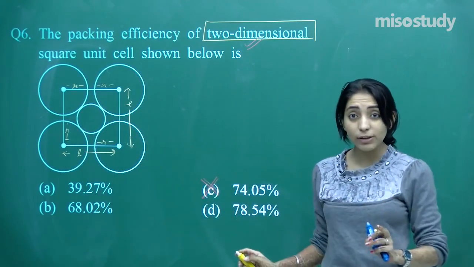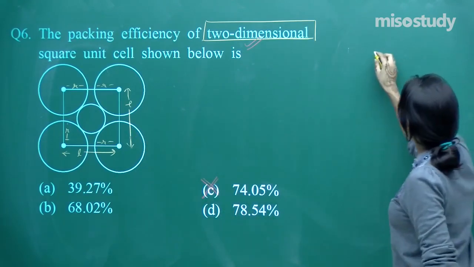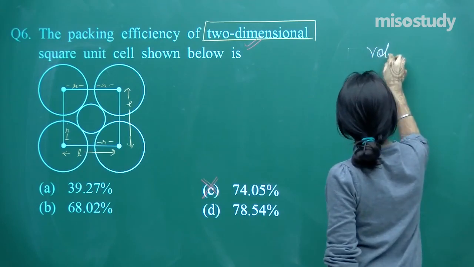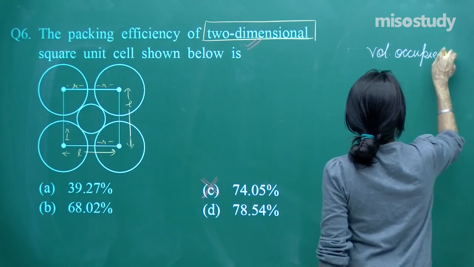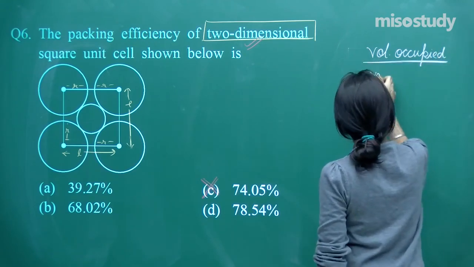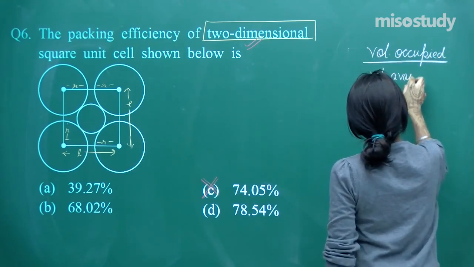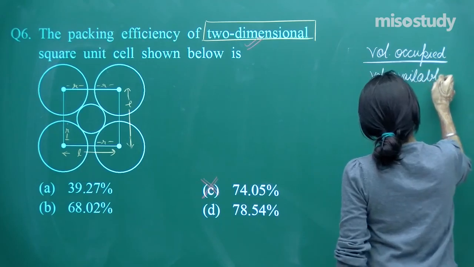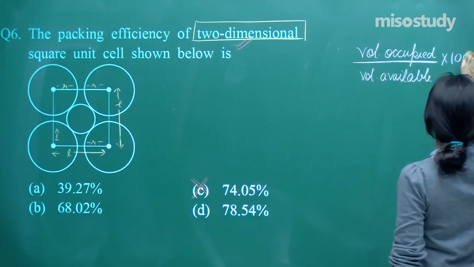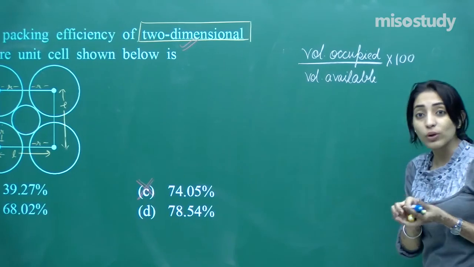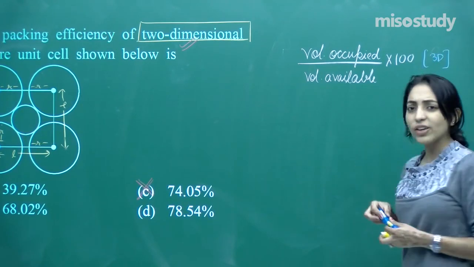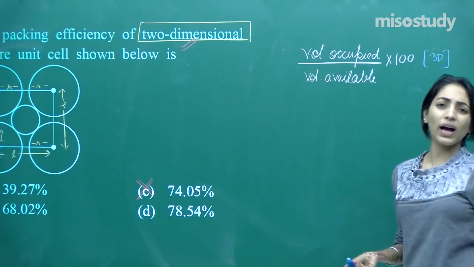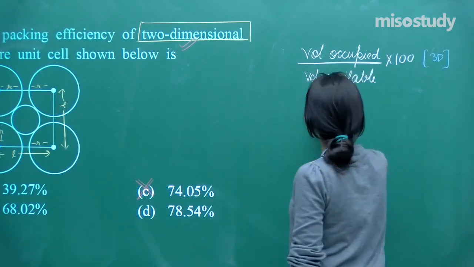When it was 3-dimensional, we used to say the volume occupied divided by the volume available multiplied by 100. But this volume term was only for the 3-dimensional cases. Are we doing the 3D case now? No guys, we are just doing the 2-dimensional.